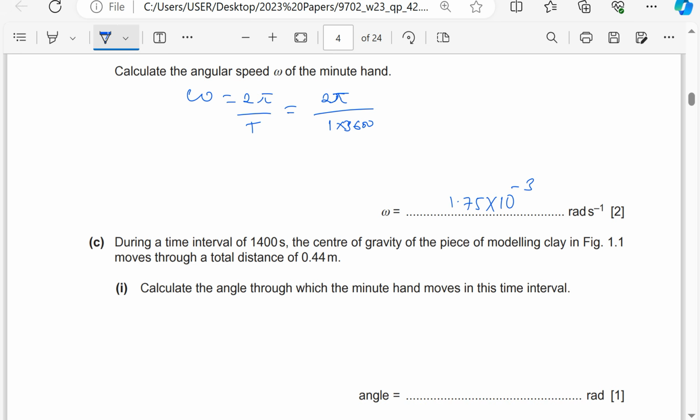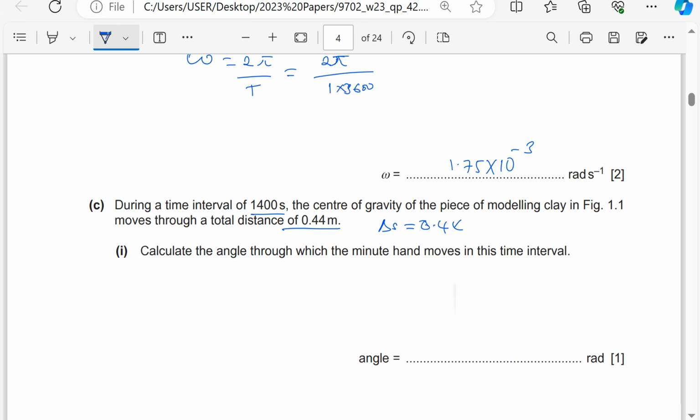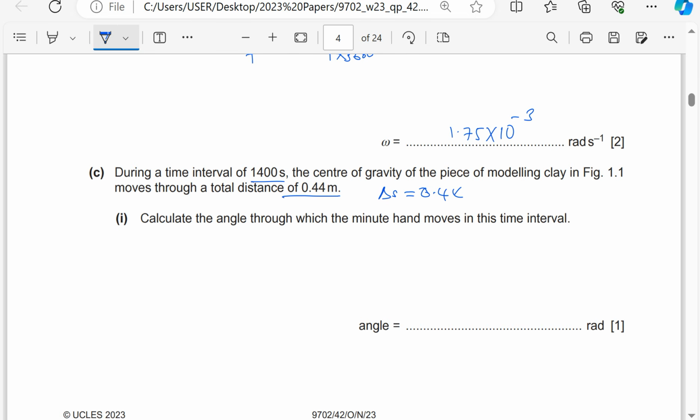During a time interval of 1,400 seconds, the center of gravity of the piece of modeling clay moves through a total distance of 0.44. So the arc length through which the center of gravity moves is 0.44. Calculate the angle through which the minute hand moves in this time interval. Remember, we defined the angular displacement delta theta as the ratio of the arc length to the radius. We want to find delta theta.